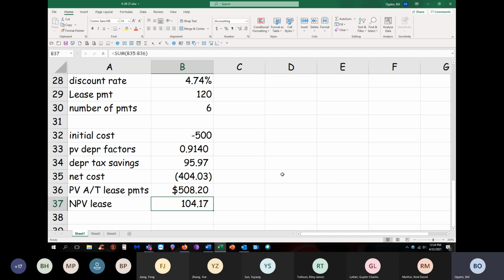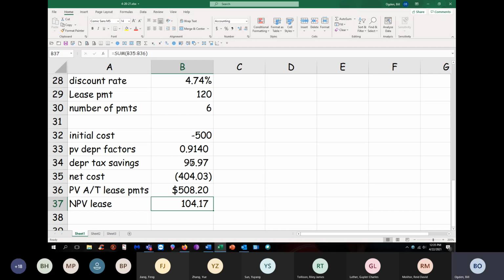What would the lease payment have to be such that the NPV for both parties to the lease would be exactly the same?